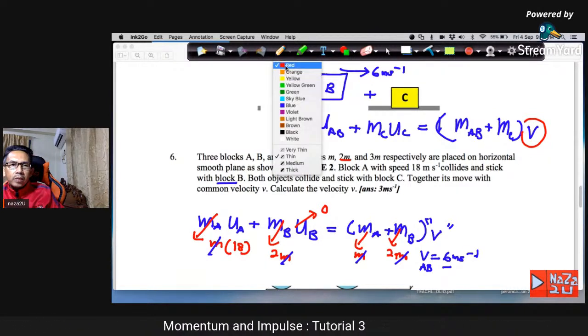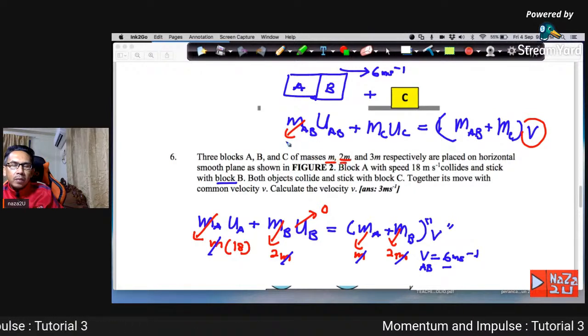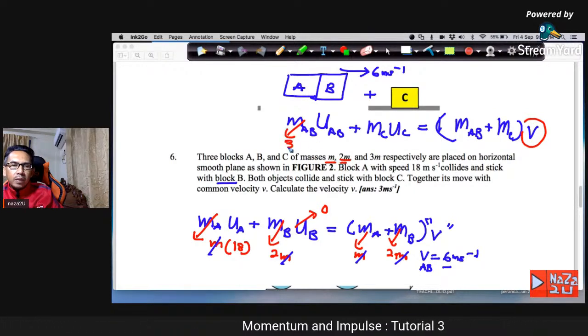You can use the value for M_AB, the mass of A and B, which is M plus 2M, so 3M.